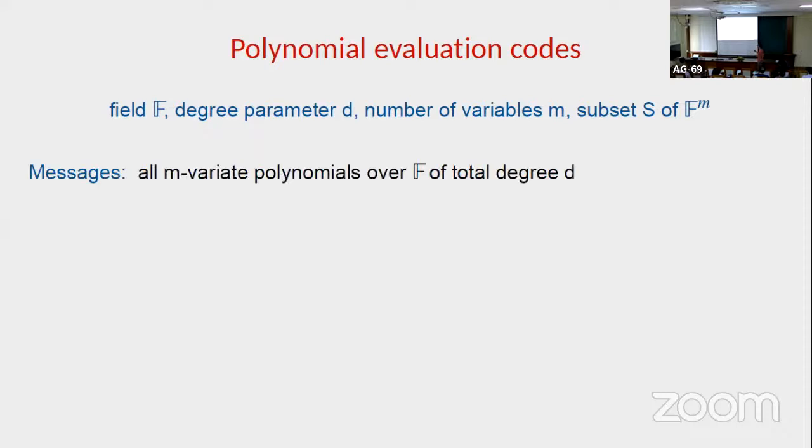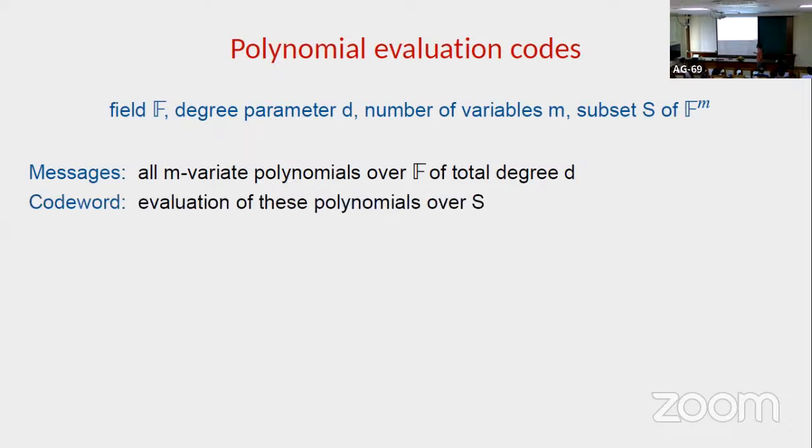I'm not going to say why I'm calling these messages yet, but the kind of objects we are going to be interested in are m-variate polynomials with coefficients in the field F and the total degree being D. So m is the number of variables, and D is the total degree.